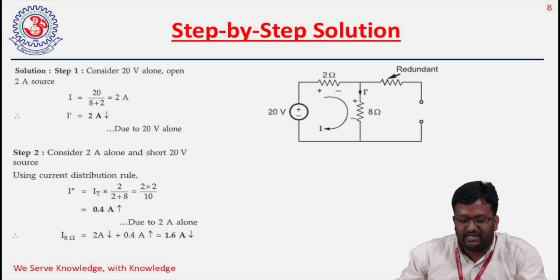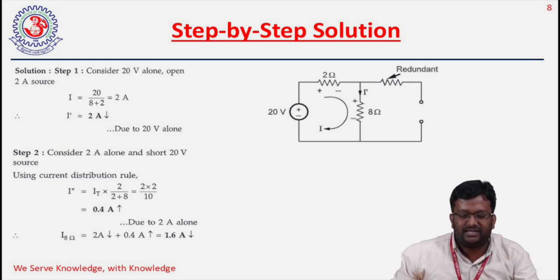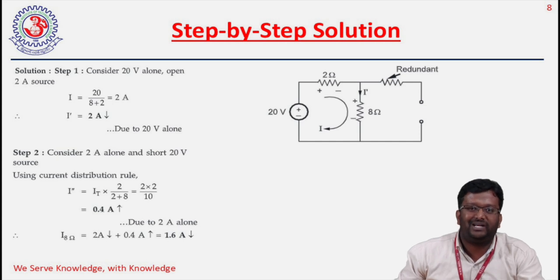So we got the total current that will be delivered from the 20 volt active source. But we need to calculate the current through this 8 ohm resistor. Because these two resistors are connected in series, which parameter will vary? Only the voltage will vary when two resistors are connected in series.